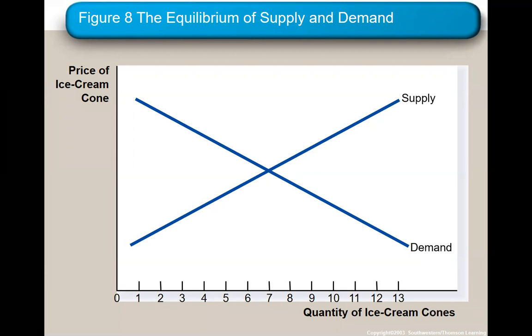I think of Coke and Pepsi. Those are substitutes. So if you increase the price of Pepsi, people are going to buy less Pepsi, so the demand for Coke will increase.